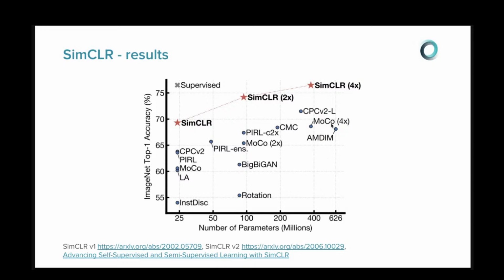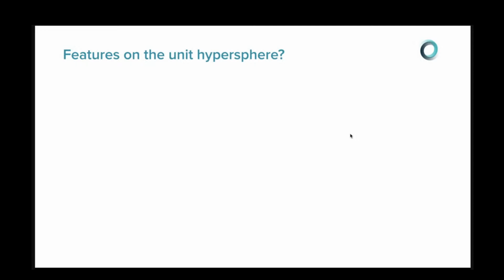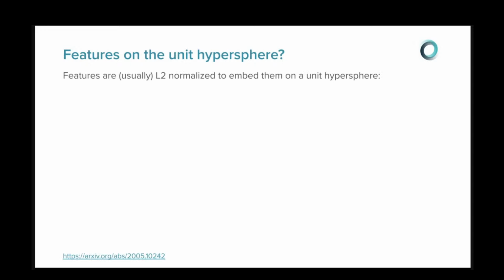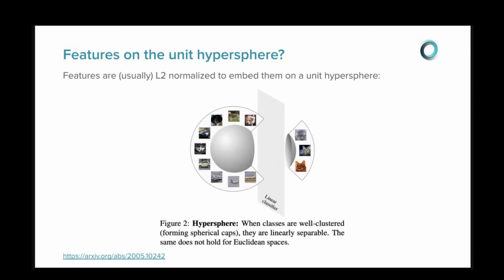And here you also see the MoCo setup, which we will look at after this. But before that, I'll just explain features on the unit hypersphere. What is that, and why is it considered beneficial in some cases? When we L2 normalize our embeddings, this gets everything onto the unit hypersphere, because then every vector has a unit length of 1.